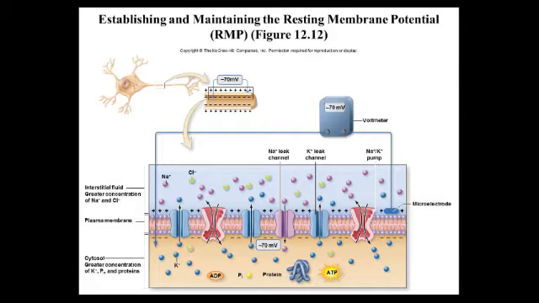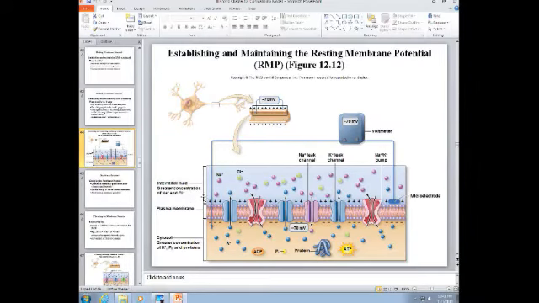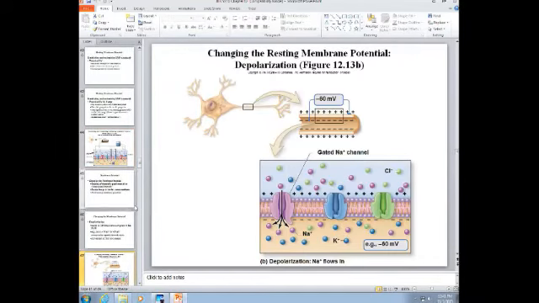So again, here we were looking at a depolarization by opening up chemically gated sodium channels. We're becoming less negative, so there's the -60. Would that be excitatory or inhibitory?